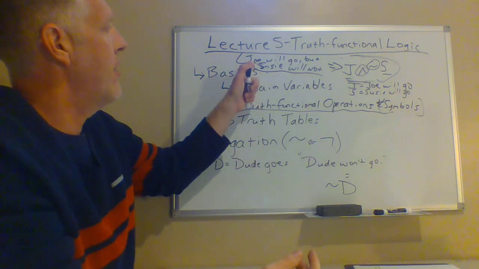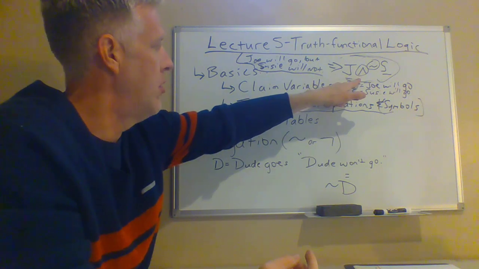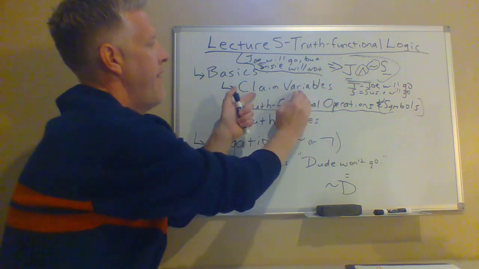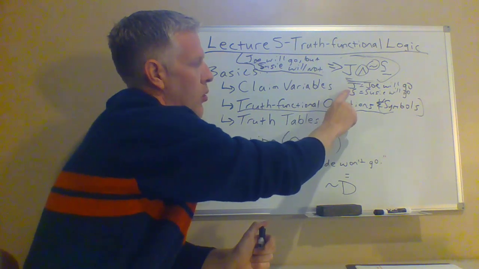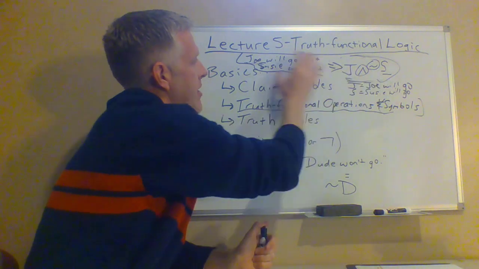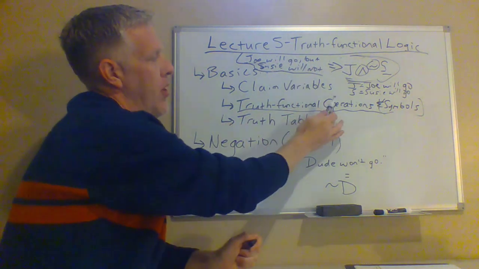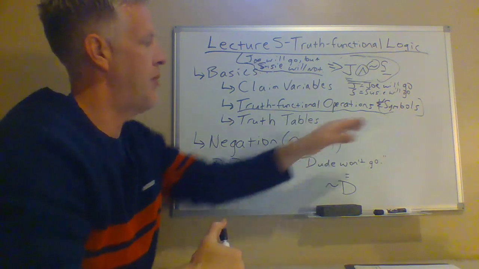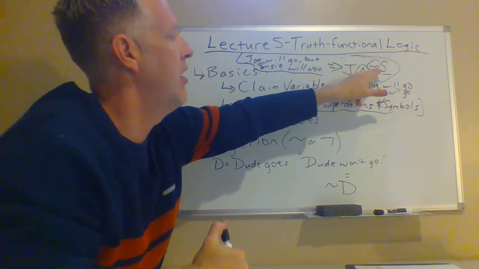So there's the average everyday sentence. This is then what it looks like in logical notation. The claim variables are just J and S, and they represent the basic claims: Joe will go and Susie will go. And then, given what's said, we have two different operations at play, represented by these two corresponding logical symbols of conjunction and negation.